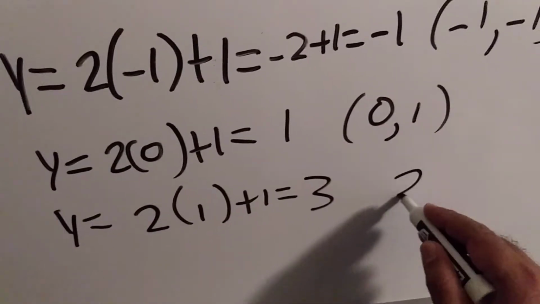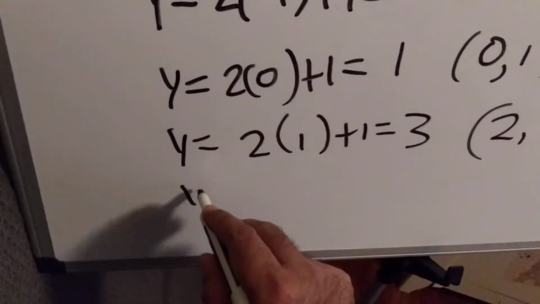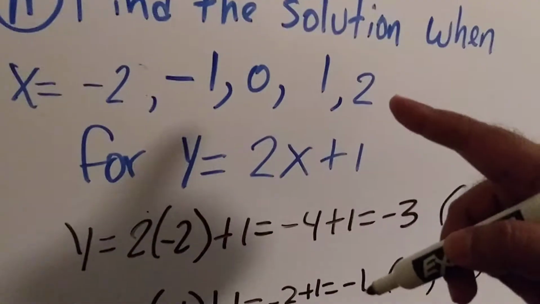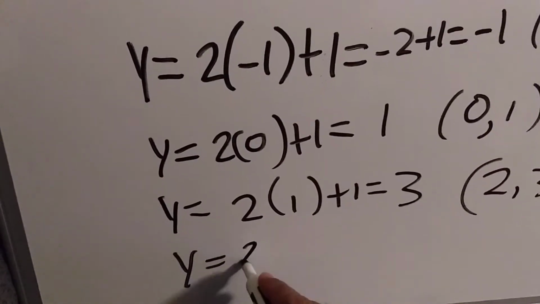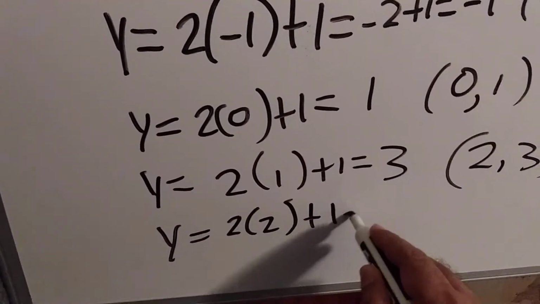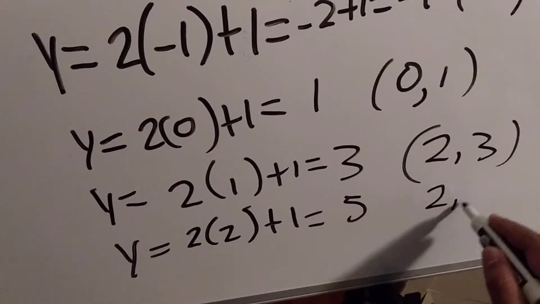So it would be 1, 3. And the last possible example that we need to substitute the value for is positive 2. So it's 2 times positive 2 plus 1 gives us 5. So here the ordered pair is 2, 5.